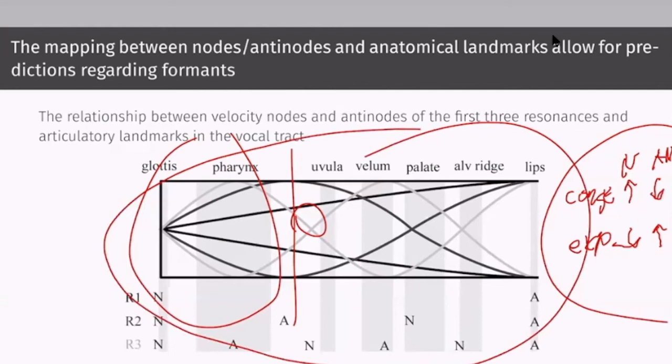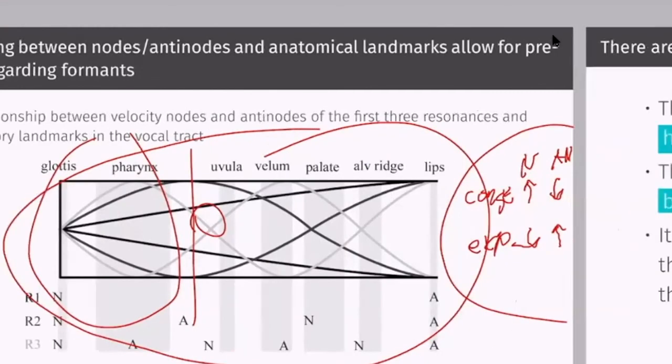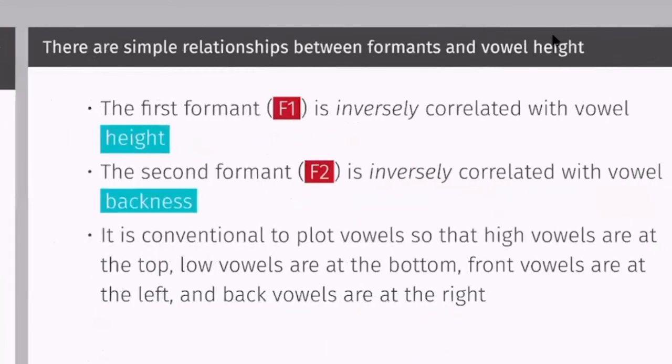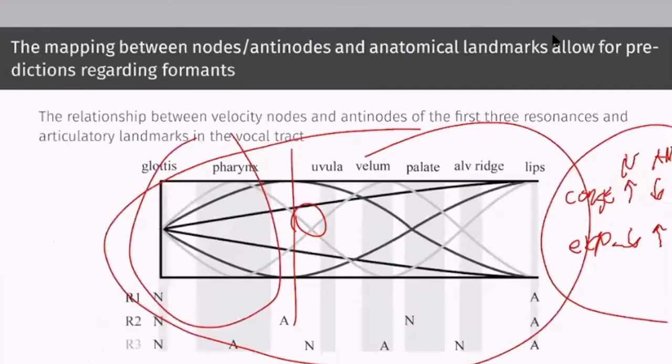So to help make sure you understand that, I'm going to ask you some questions. So what happens to a harmonic if it would be near a resonant frequency for R1, right?